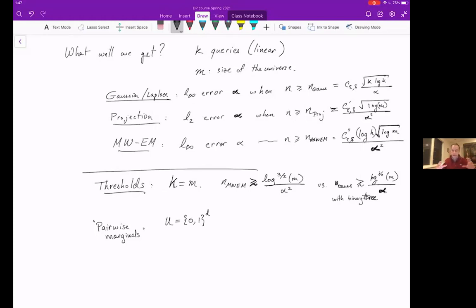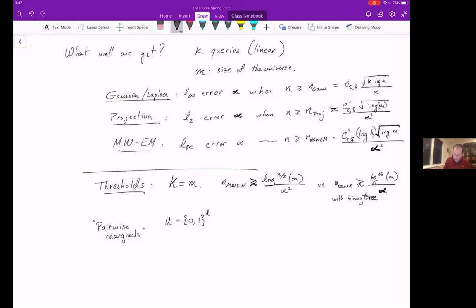And the thing we're interested in is, for each pair of attributes, what are the pairwise statistics? Like with what frequency do both of those attributes appear as 1, both as 0, the first one is 1 and the second one is 0, and vice versa.